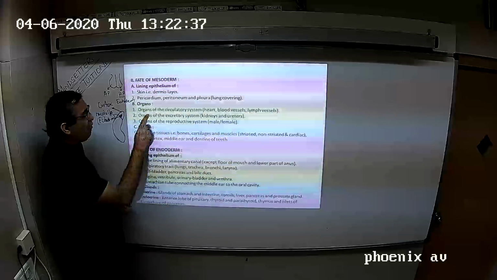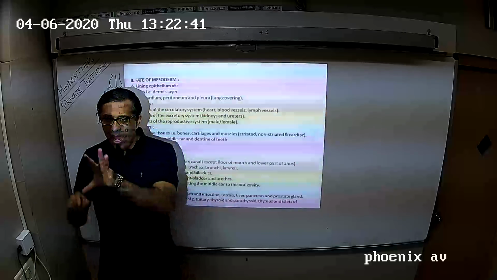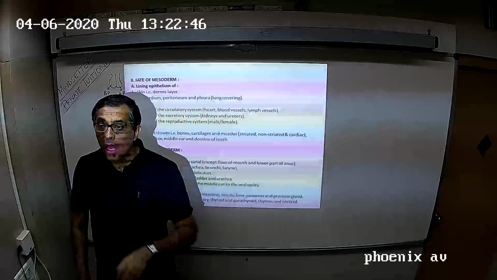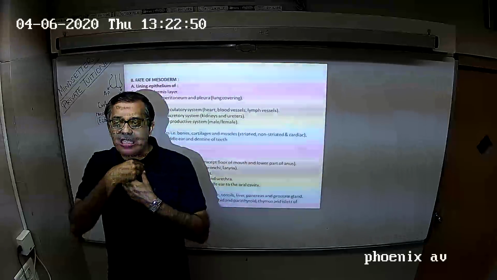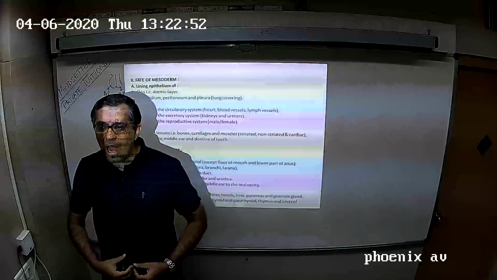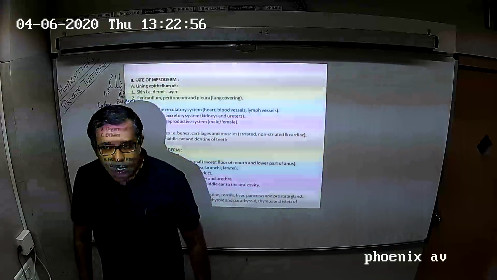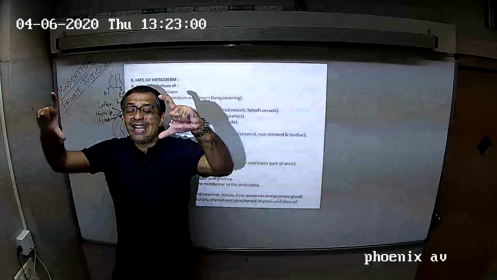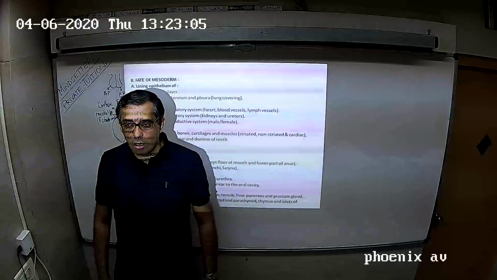And then we have organs of the circulatory system. Heart, aorta, blood vessels develop from the mesoderm. Organs of the digestive system, esophagus, stomach, small intestine, large intestine develop from the mesoderm. Organs of the excretory system, kidneys, ureters, etc. develop from the mesoderm.